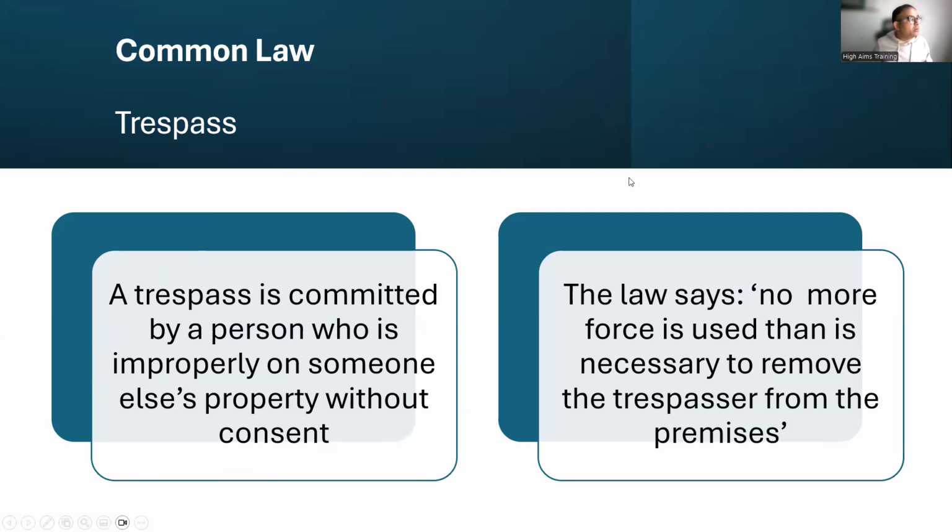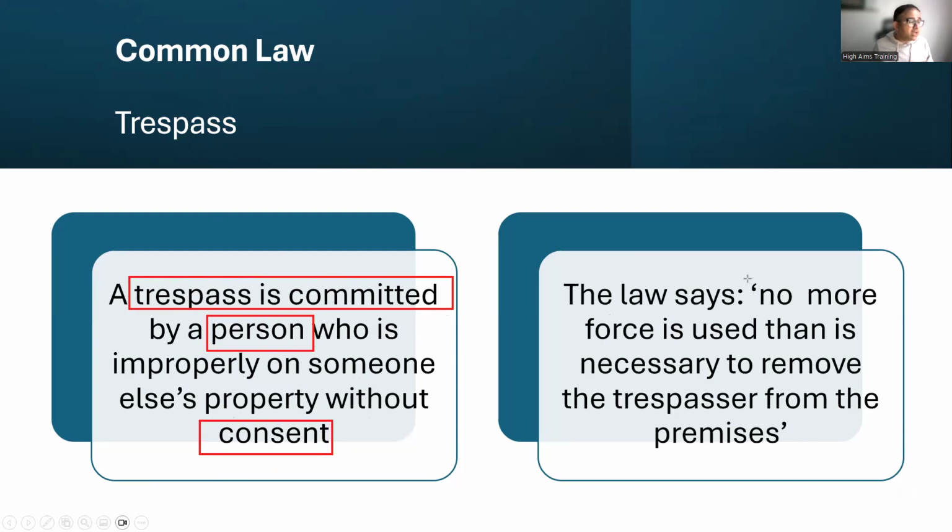So that's why it's common law. A trespass is committed by a person who is improperly on someone else's property without permission or without their consent.